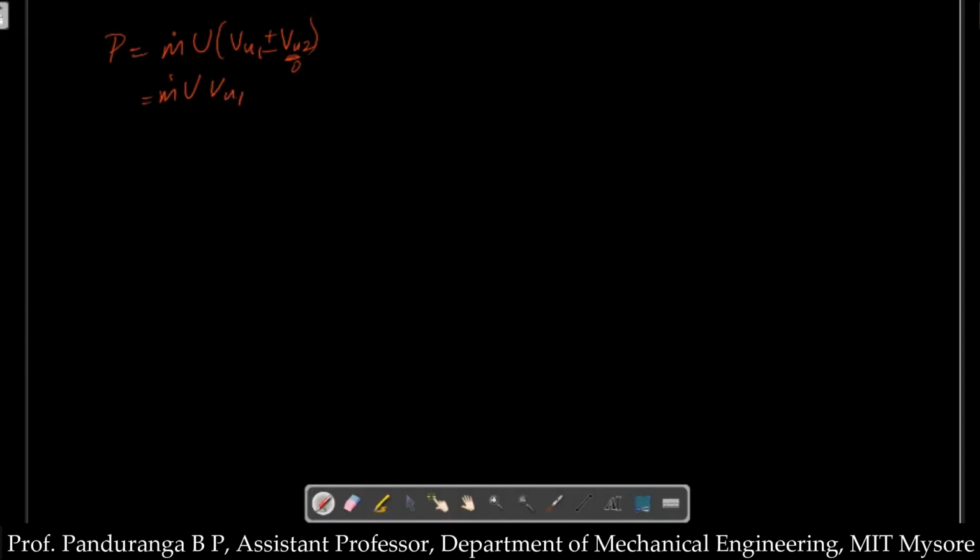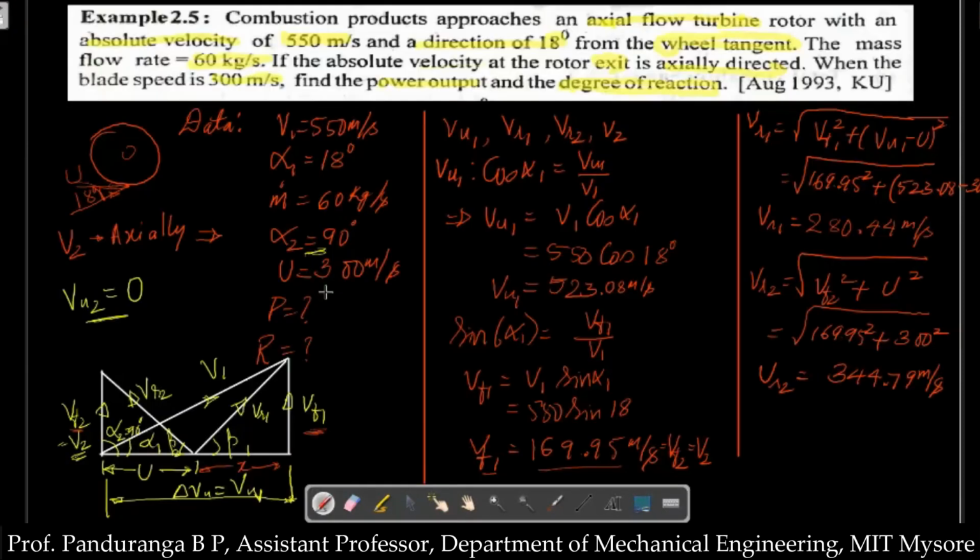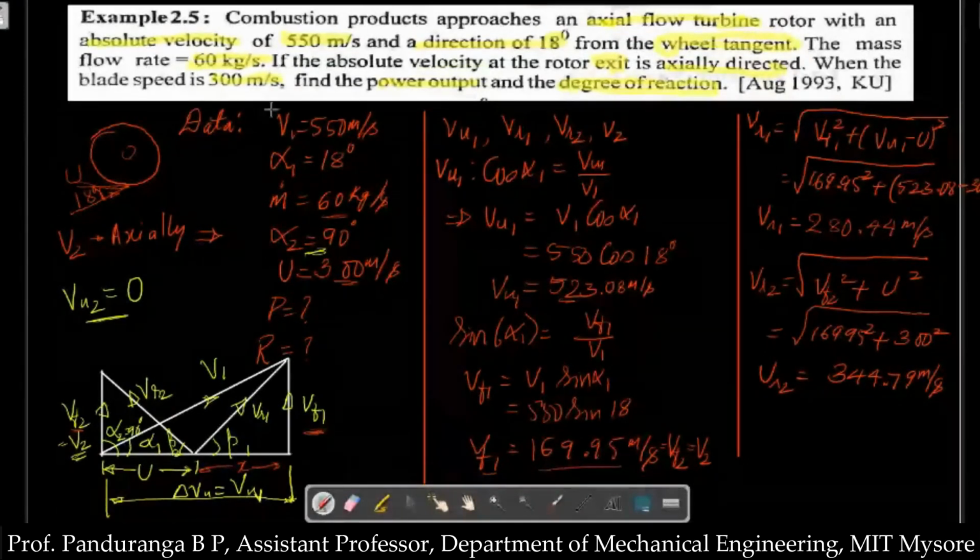Now let us see the values. They have given m dot as 60 kg per second, u as 300 meter per second, and Vu1 is 523.08 meter per second.